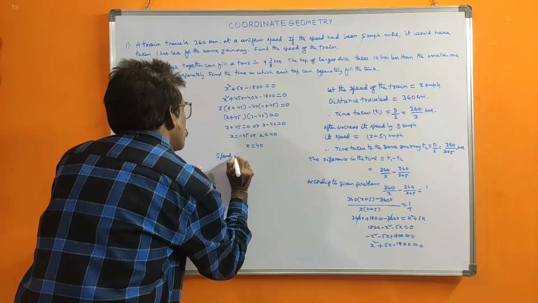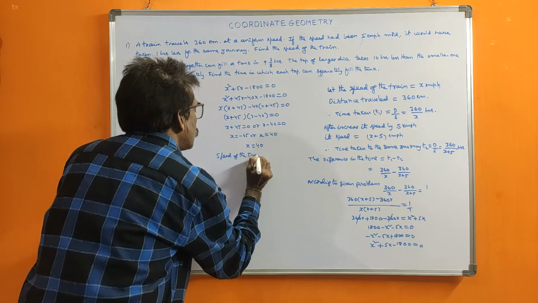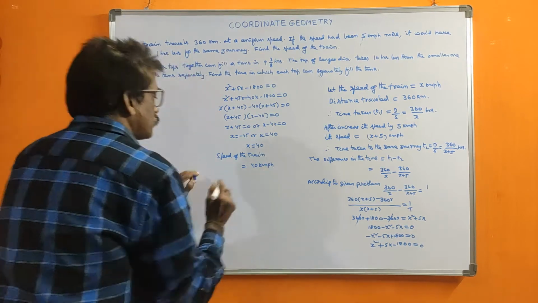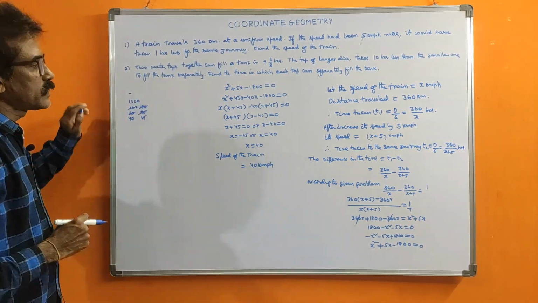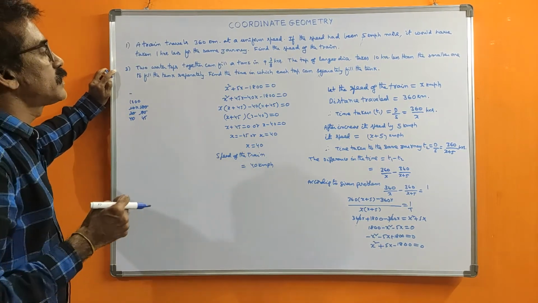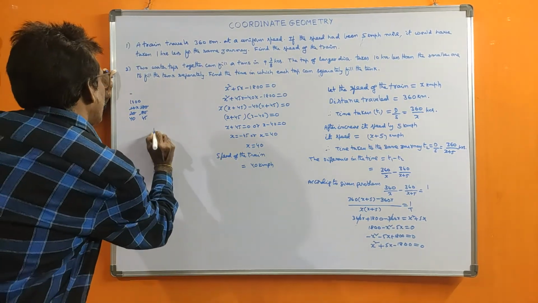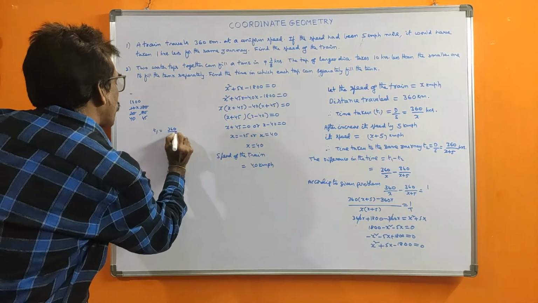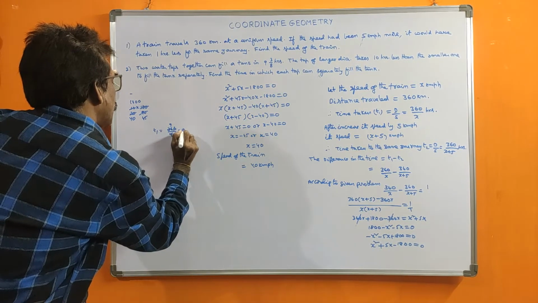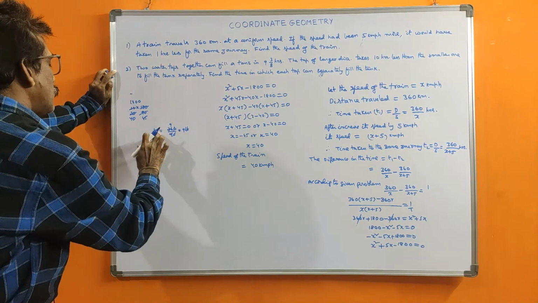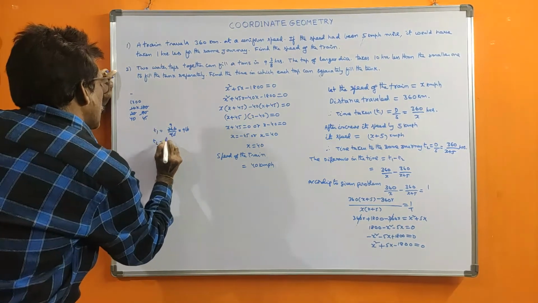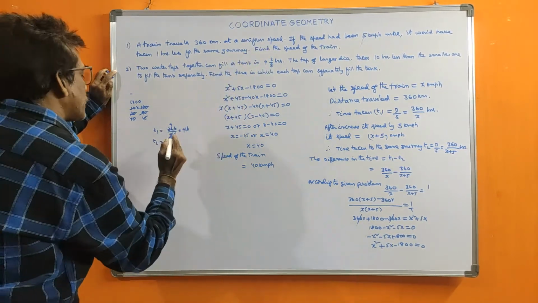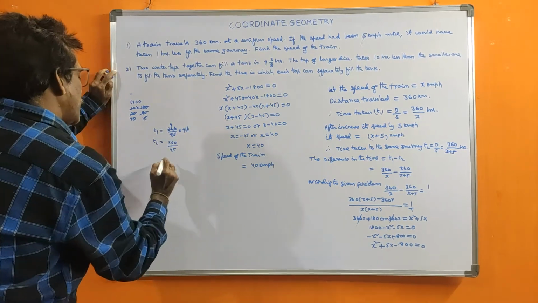So the speed of the train is equal to 40 kmph. Okay, now verification. Suppose T1: 360 kilometers traveled with speed 40 is 9 hours, because time is equal to distance by speed. The second time also is distance by speed, but the speed is increased by 5 kilometers, so 40 plus 5, 45 kmph now.